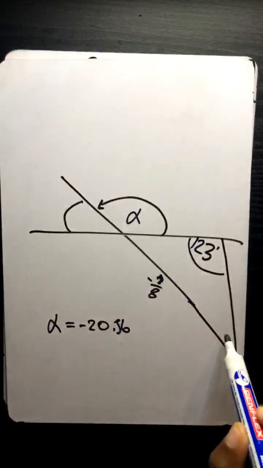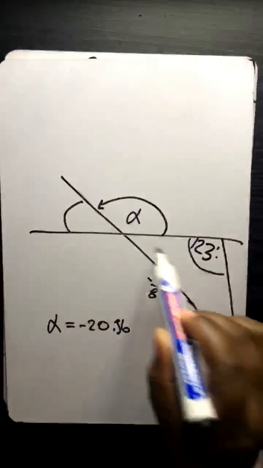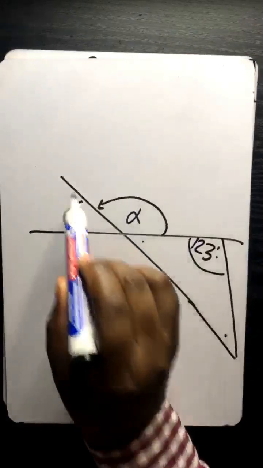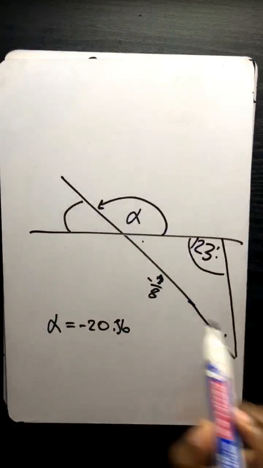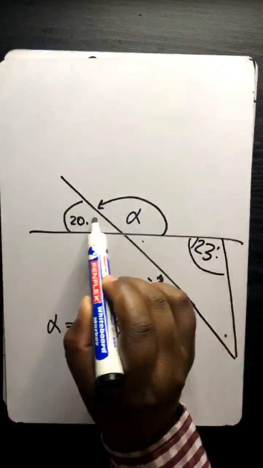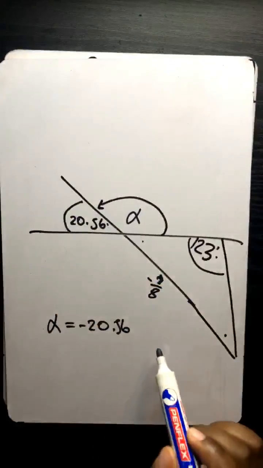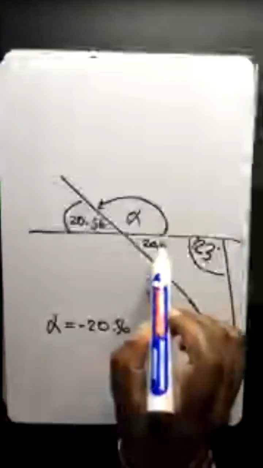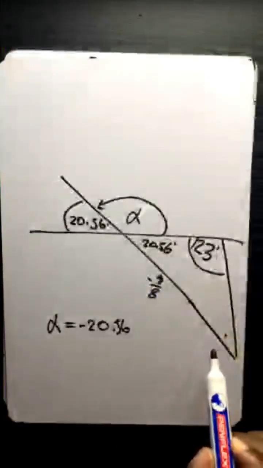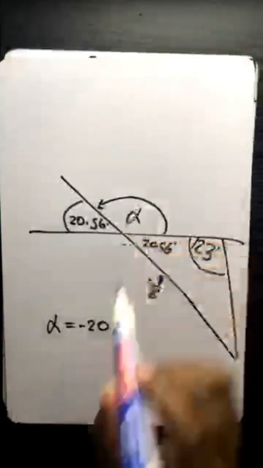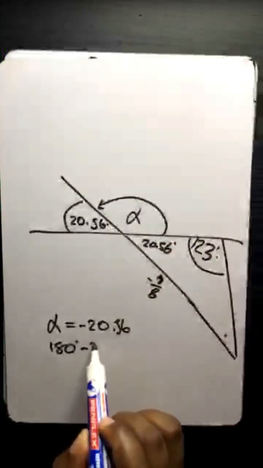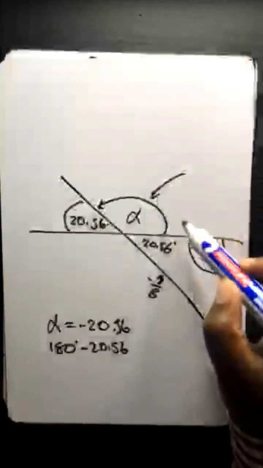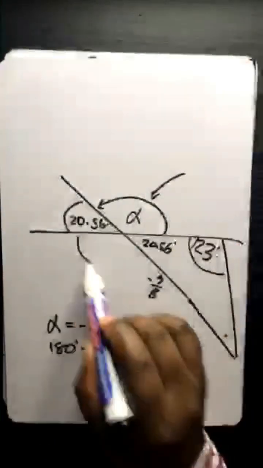So we need to know what that angle is, what that angle is, what that angle is. When we used the gradient of that line and got a negative value, it means it's actually this angle that we got. And this angle is the same as this angle because they are vertically opposite. So we don't need to say 180 degrees minus 20.56, because it is going to give us this angle and we don't really need that angle.